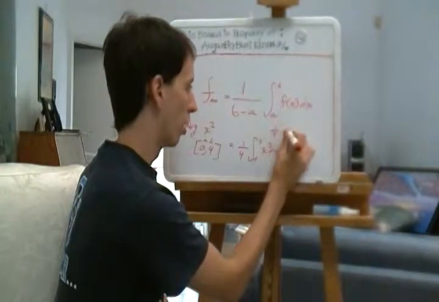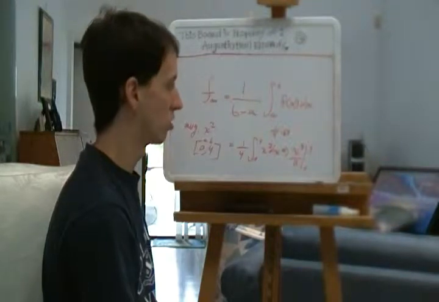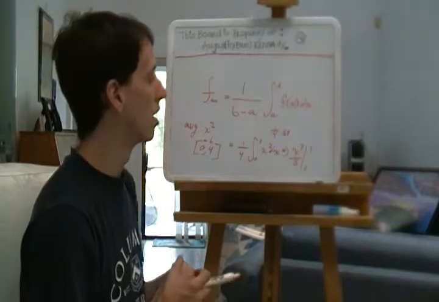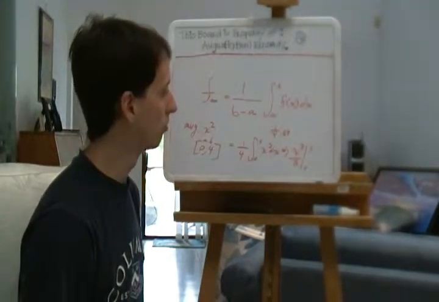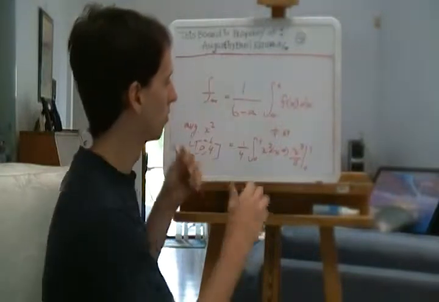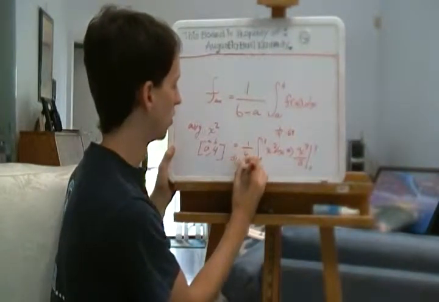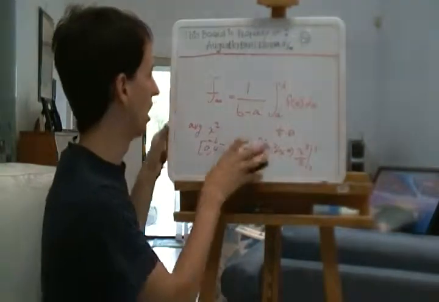So, 1/4 of 64, which is 16. So, it comes out to 16 after all. I didn't know that, but that's good to know. So the average value of that function between that interval is 16.